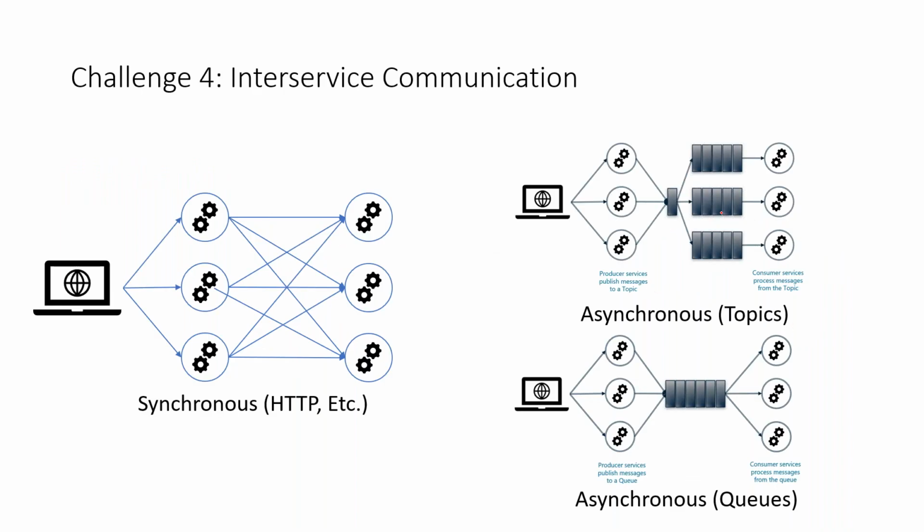And challenge number 4 is interservice communication. Now, interservice communication is a challenge in any system. Of the challenges, this is probably one of the biggest ones, and it's trying to figure out, how do I get my services to talk to one another? One common approach is just to make everything an HTTP endpoint, and that would be what we might call a synchronous pattern.